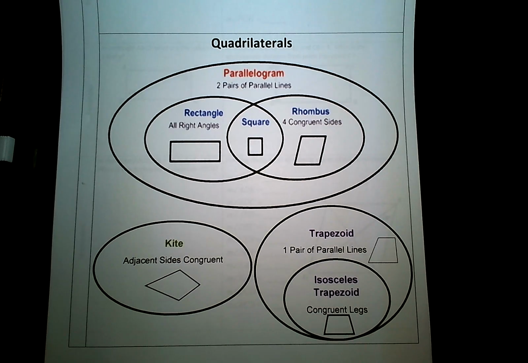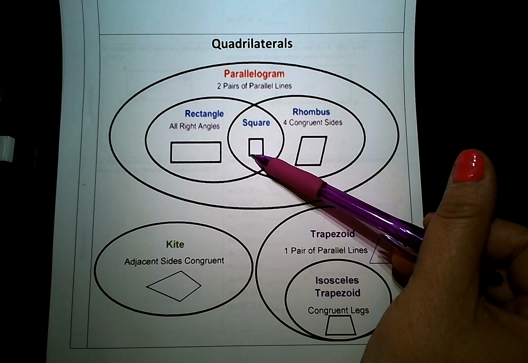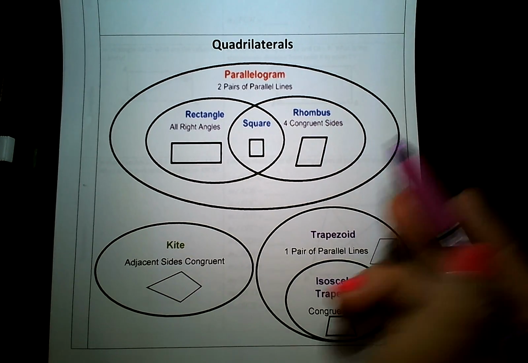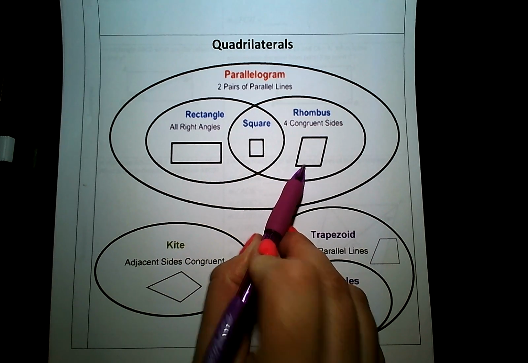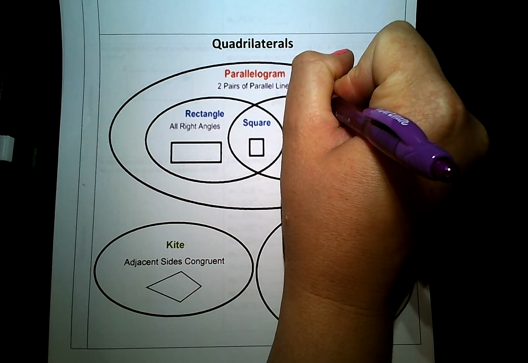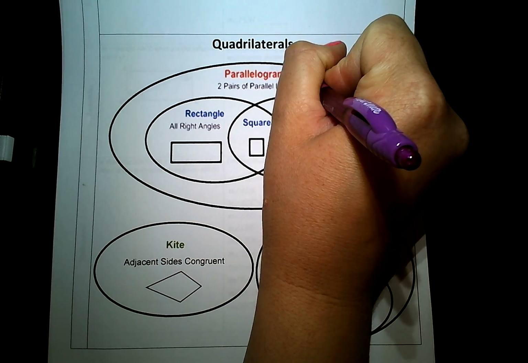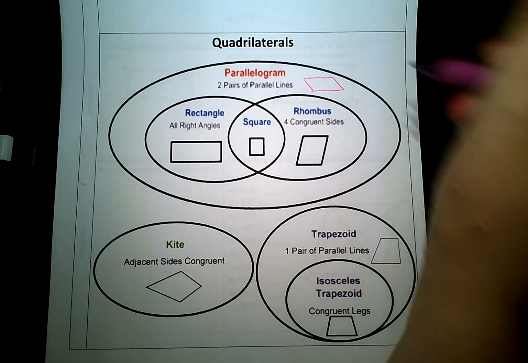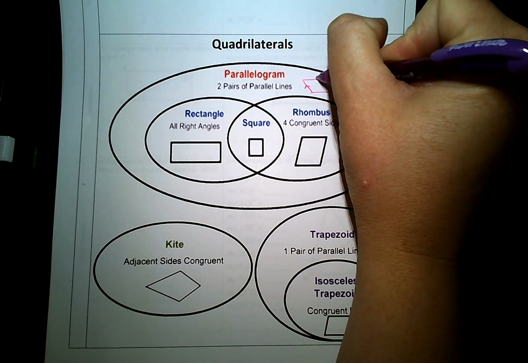So I can draw a very generic parallelogram, but here I've got three different examples of parallelograms. Let me draw a parallelogram that's not a rectangle, it's not a square, and it's not a rhombus. If a parallelogram is a quadrilateral with two pairs of parallel sides, then this could be an example of a parallelogram.